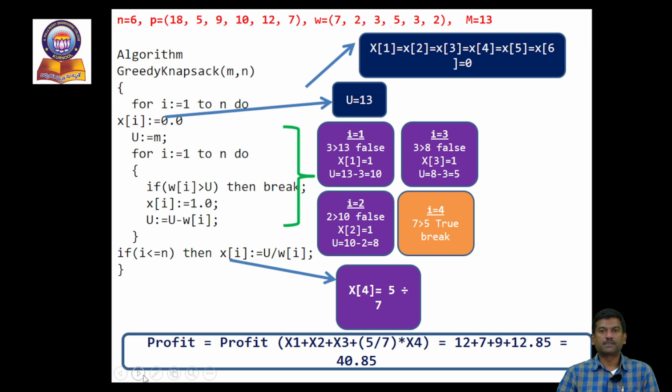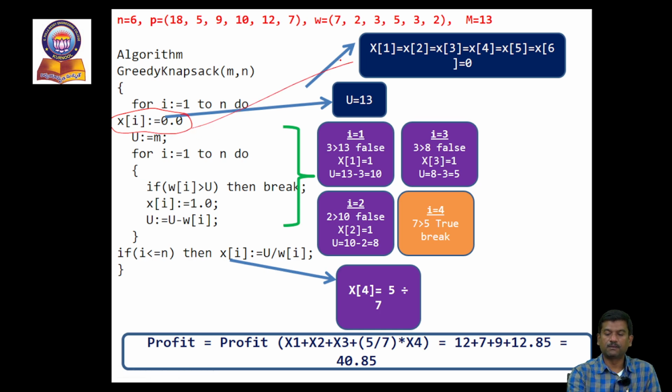And how can we trace this based upon the algorithm that is provided for the greedy knapsack? So algorithm greedy knapsack m comma n, where m indicates the capacity, n indicates the number of items. For i equal to 1 to n do, x of i equal to 0. So this step is basically used to initialize the solution set.